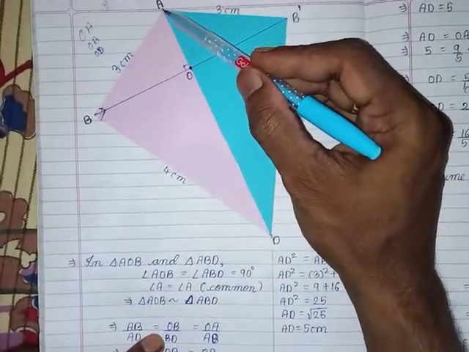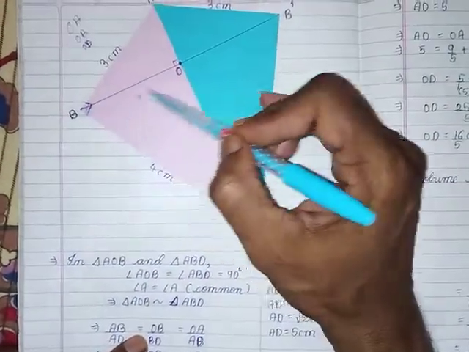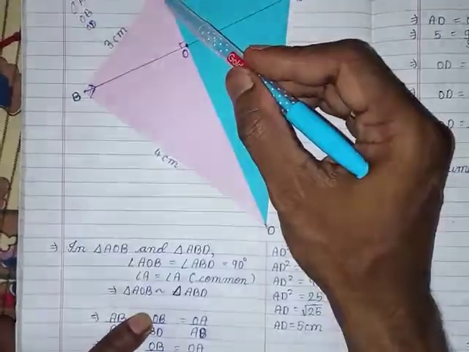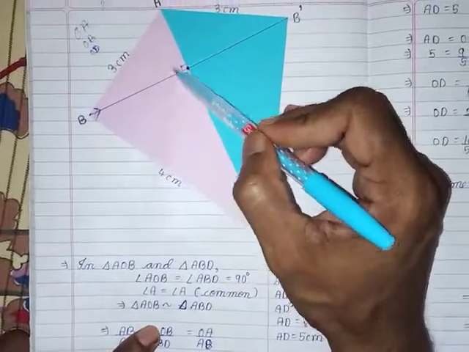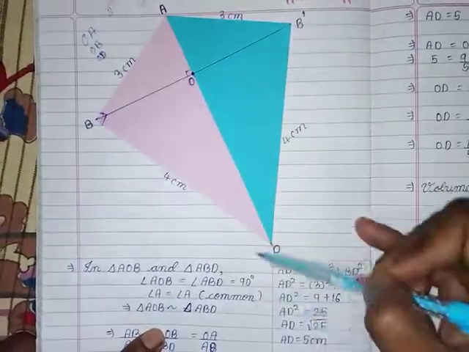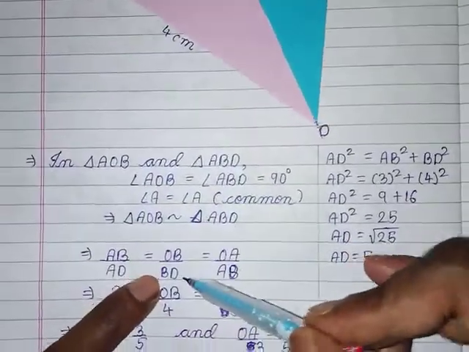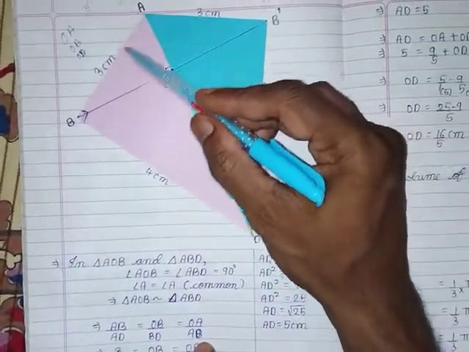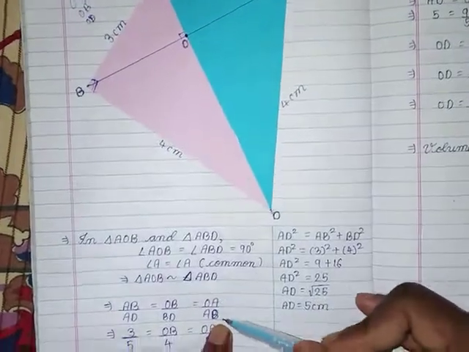Second, the side opposite to angle A in the small triangle is OB, and in the big triangle it is BD, so it is OB upon BD. Third, the side left in the small triangle is OA, and in the big triangle AB, so it is OA upon AB.